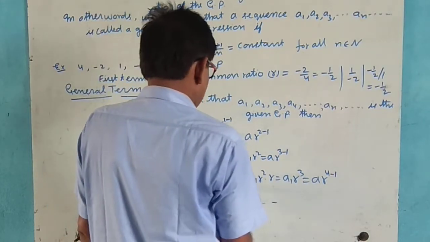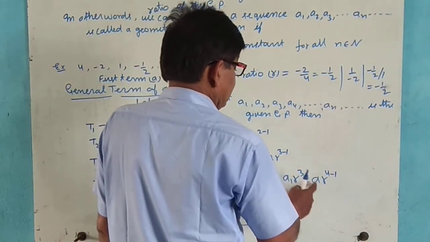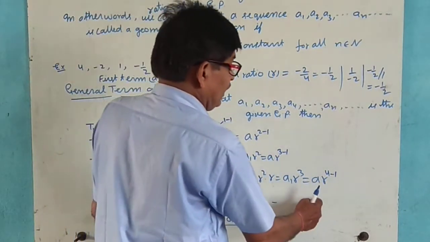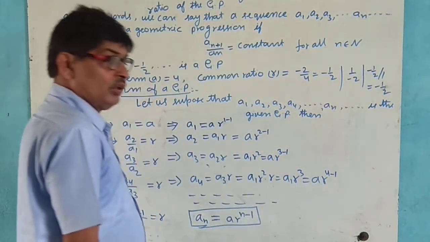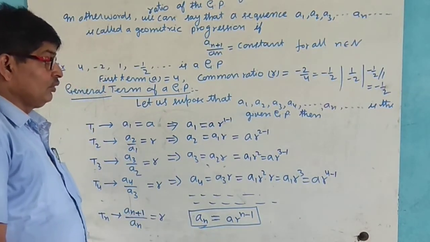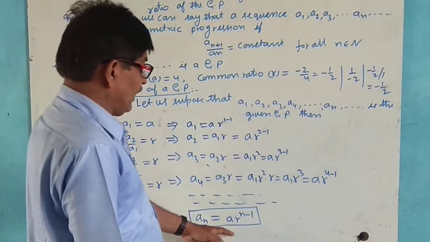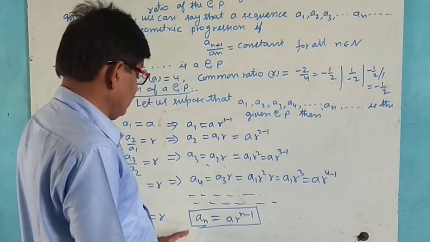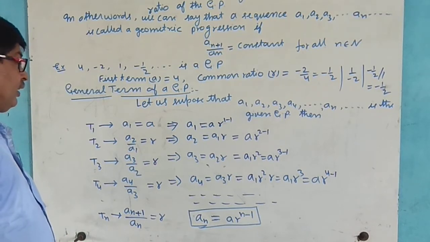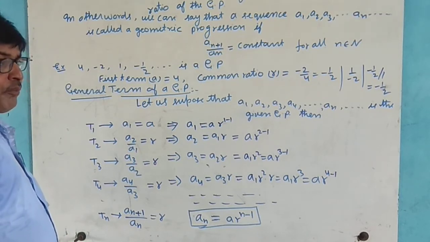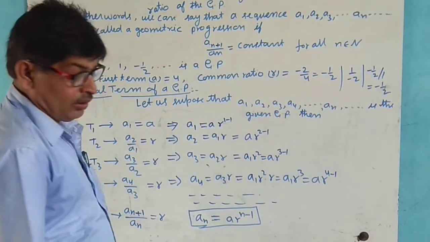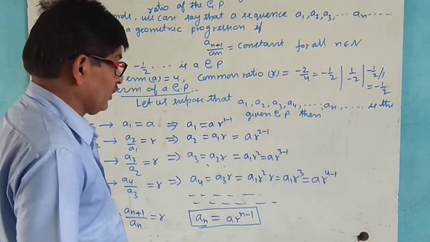So the fourth term is A R to the power 4 minus 1, the fifth term A R to the power 5 minus 1, so the nth term of the geometric progression is A R to the power n minus 1. This is the general formula to calculate the nth term or any term of a geometric progression.